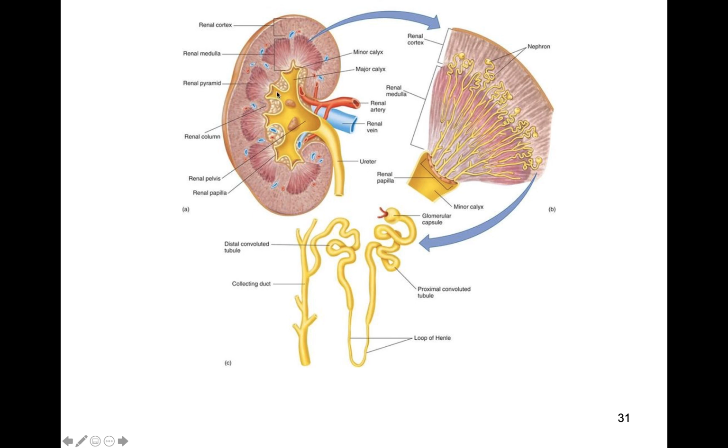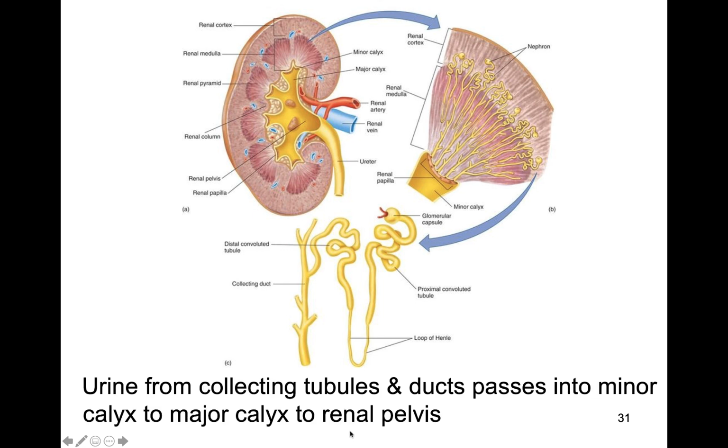Then it's going to come into the minor calyx, and these minor calyces are coming together here and become the major calyx. The major calyx is going to flow into the renal pelvis, and once it's in the renal pelvis, it can go out through the ureter. And I have that written out for you. So urine from collecting tubules and ducts passes into minor calyx to major calyx to renal pelvis.